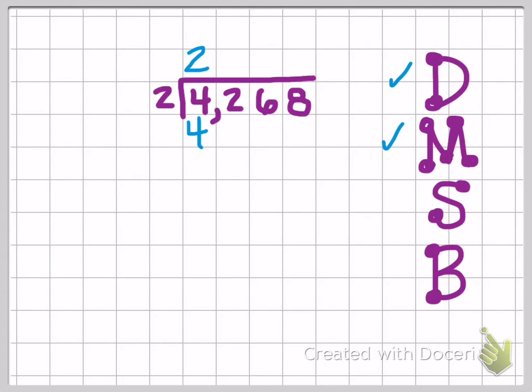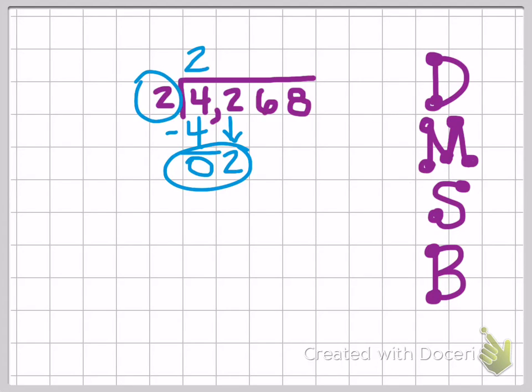Next we subtract. 4 minus 4 is 0. Next we bring down the 2. Time to start over with our 4-step process on the next digit.